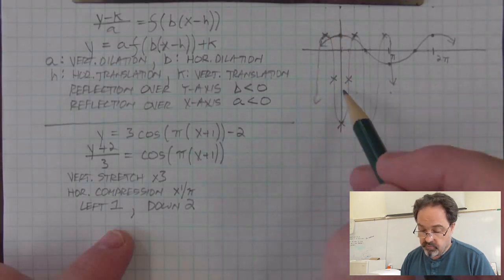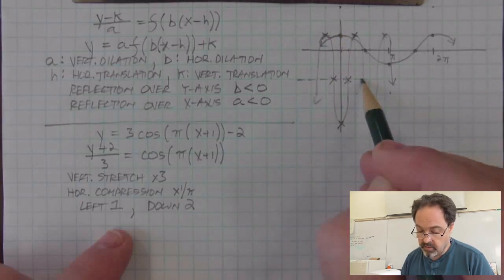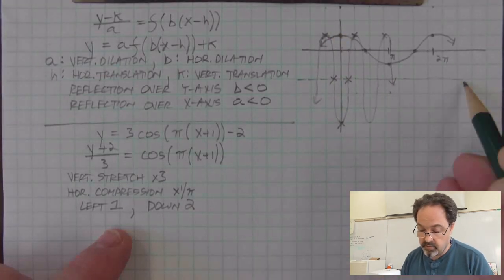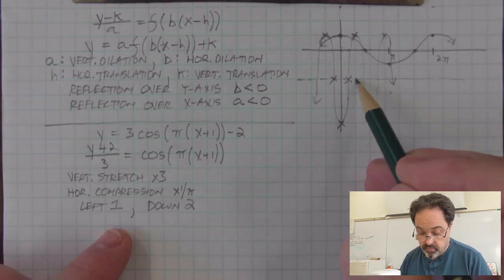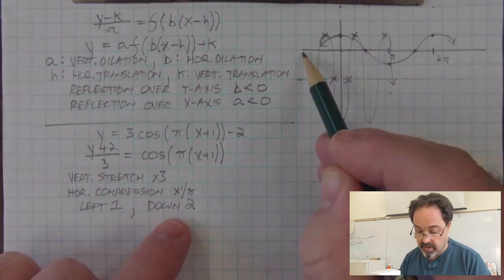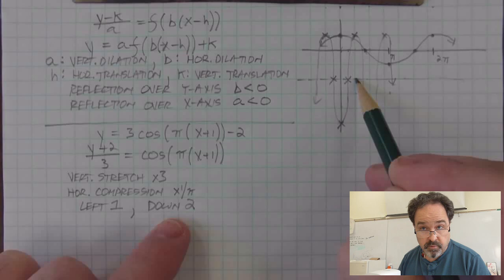This new transformed wave has a midline that I've drawn as a dotted line, which is at -2. The midline is at -2 because the midline at 0 went down by 2, confirms with our description.